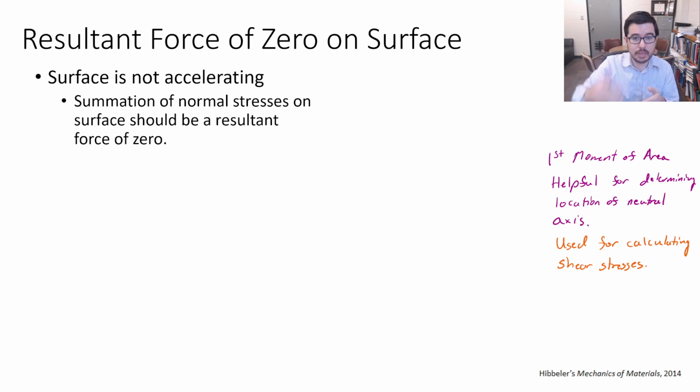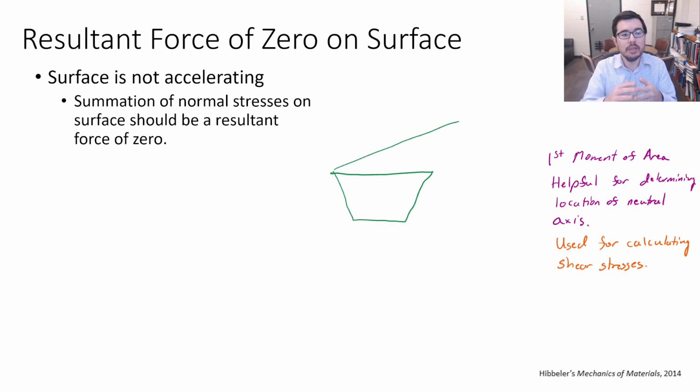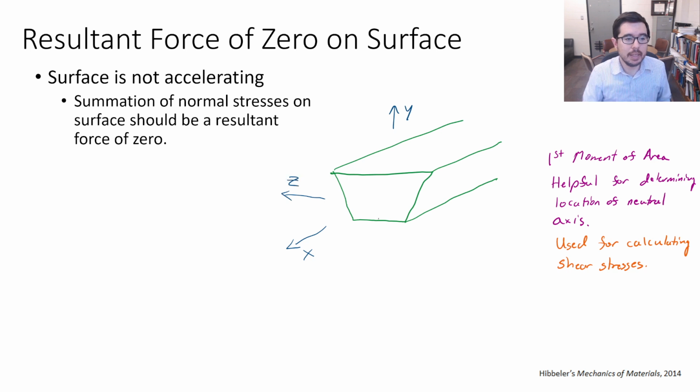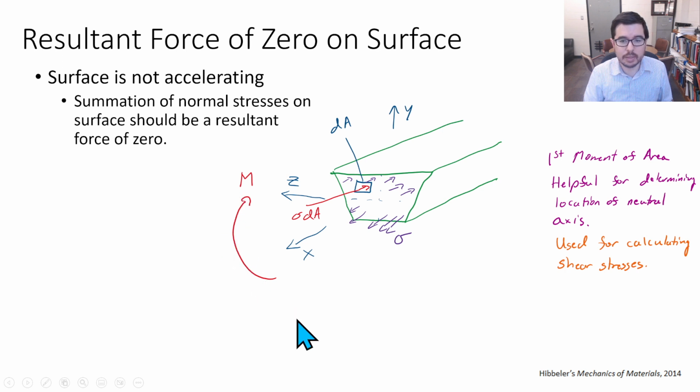We take a cut of the beam, and we see that with this internal moment being applied to this cross section, the top portion above this neutral axis, right about here, is going to be in compression.